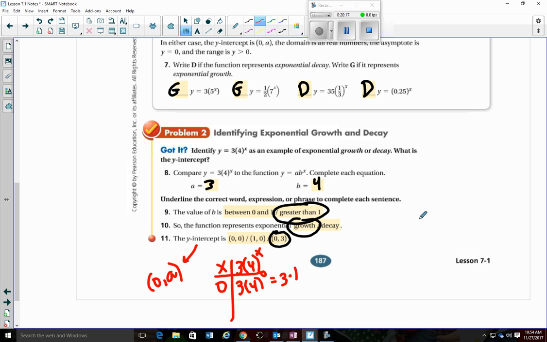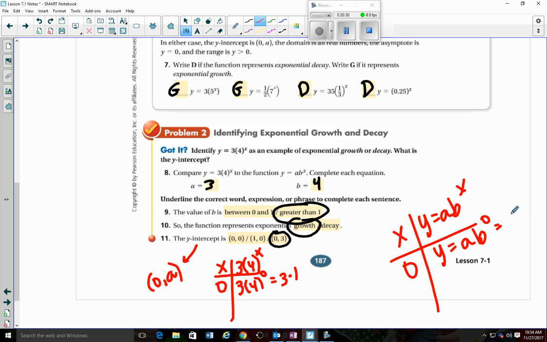Okay? So y equals a b to the x for all scenarios. If I plug 0 in, you're going to have a b to the 0, which then is a times 1, which then is just a.